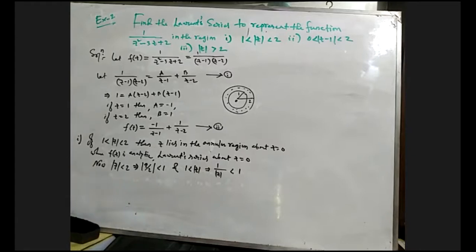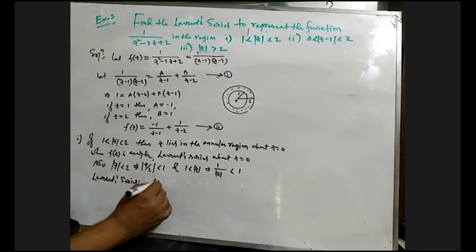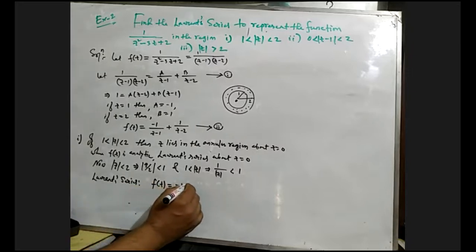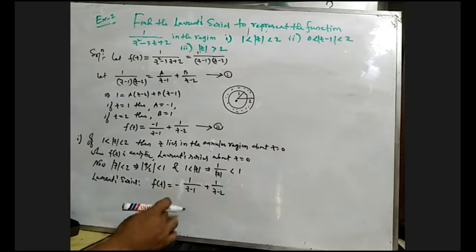So the Laurent series will be f of z equals equation number 2, which can be written as minus 1 divided by z minus 1 plus 1 divided by z minus 2.